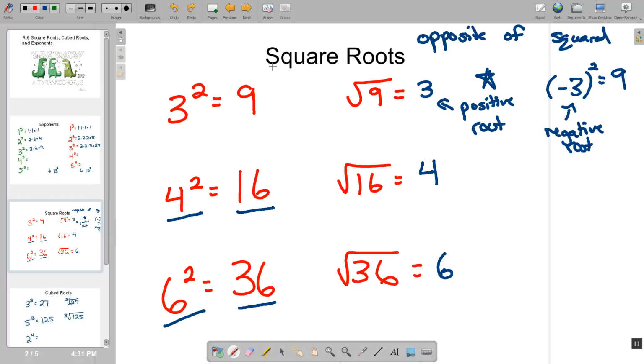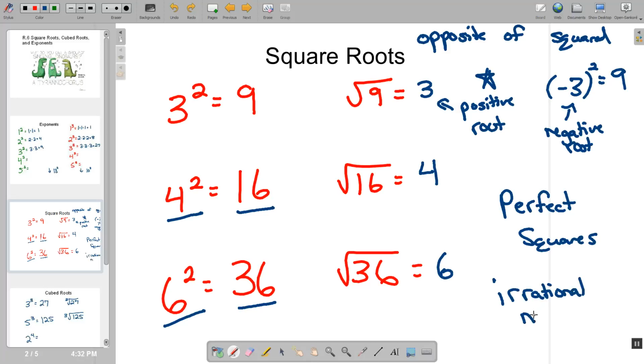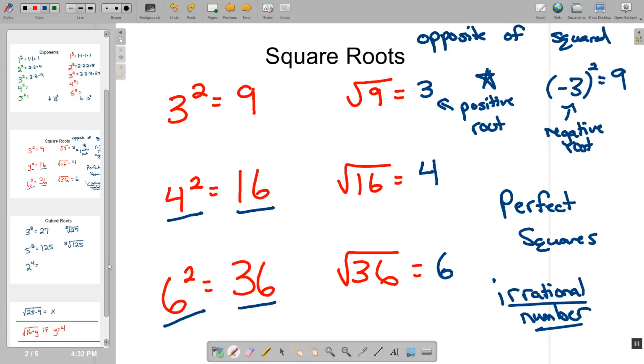Now, these are only what we call perfect squares. If you get a number that is not a perfect square underneath the square root, you end up creating what we call an irrational number. In this section, if you start working with irrational numbers, you have to estimate them, but we are not going to cover that in this video.